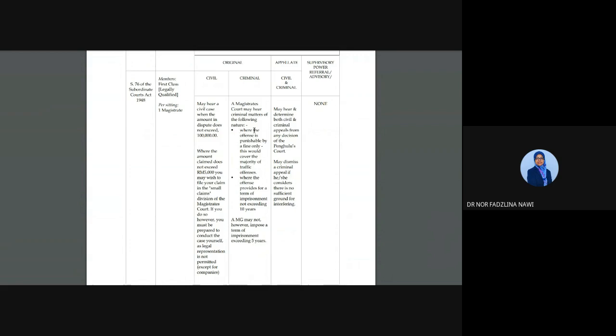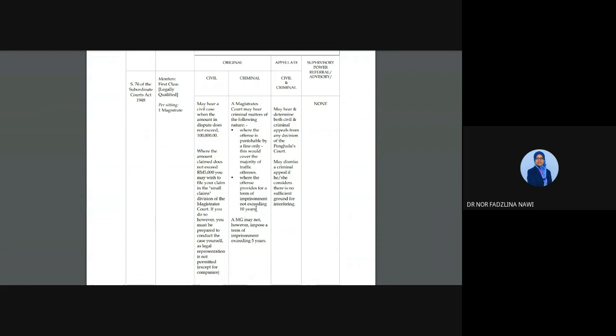For criminal jurisdiction, a magistrate may hear criminal cases of the following nature. Usually cases where the offence is punishable by fine only, and the majority of those are traffic offences. Also criminal cases where the Penal Code provides that the term of imprisonment, if found guilty, must not exceed 10 years.